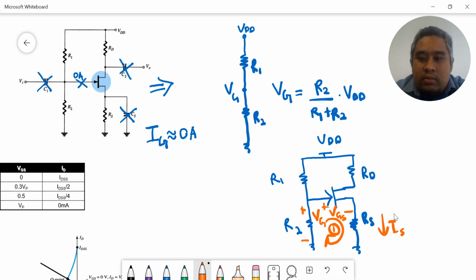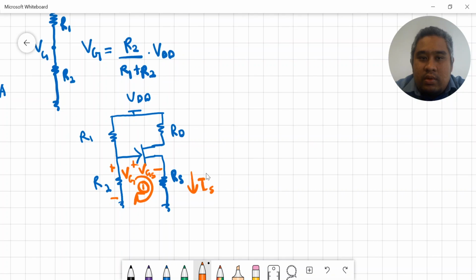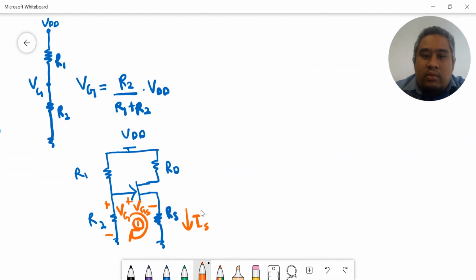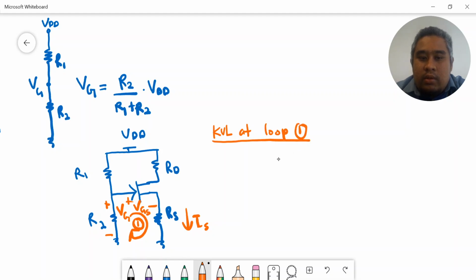So you can move here if you want. Okay, so our KVL at loop 1 equal to minus VG plus VGS plus IS RS equal to 0.